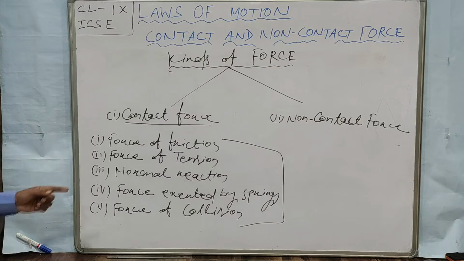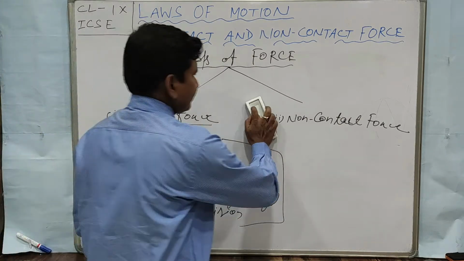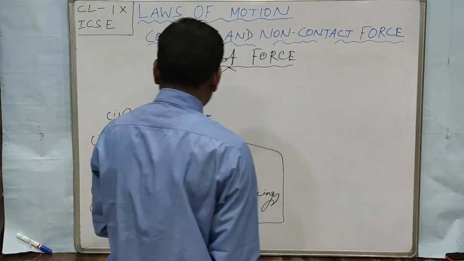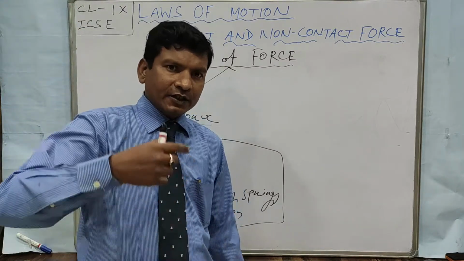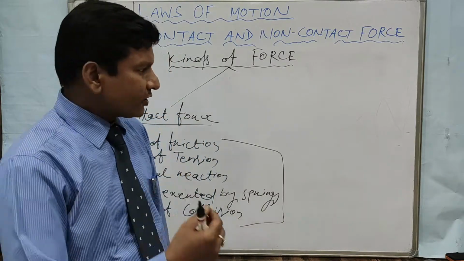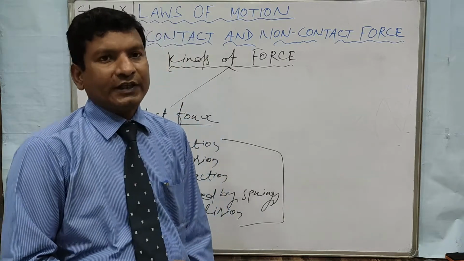What are these? Number one, force of friction. Now, what is force of friction? When a body moves on a surface, either the body is sliding or the body is rolling, then the force that acts in the opposite direction is known as the force of friction.